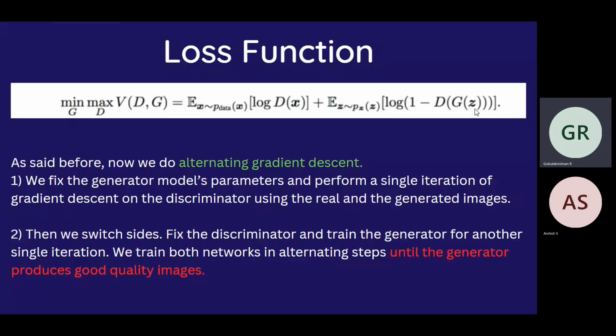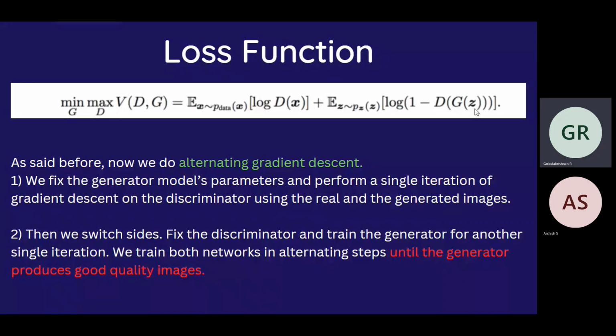The name of the technique is alternating gradient descent. You update the weights of the discriminator, then you update the weights of the generator, and so on, alternating between these two. While updating one neural network, you keep the other network's weights fixed. We train both networks in alternating steps until the generator produces good quality images.